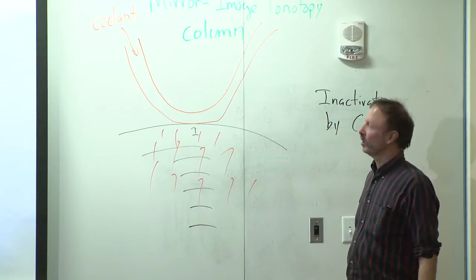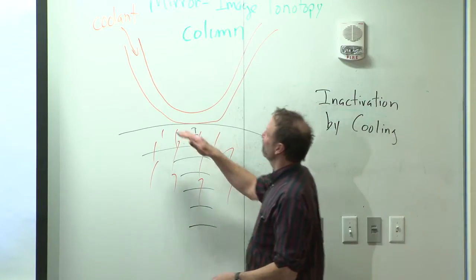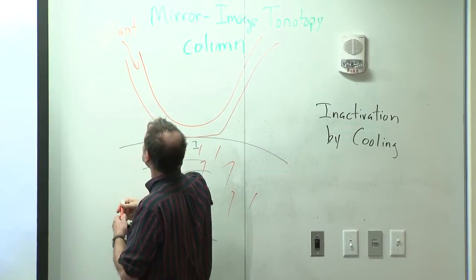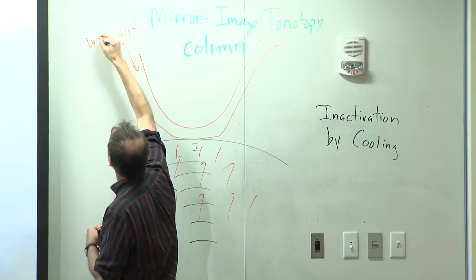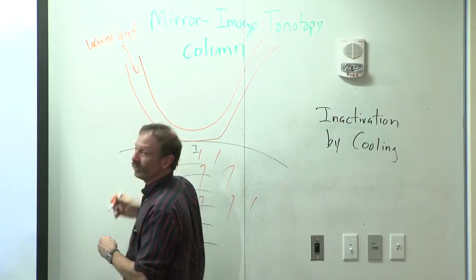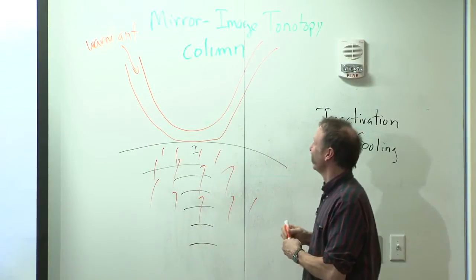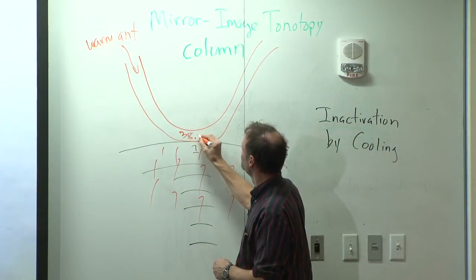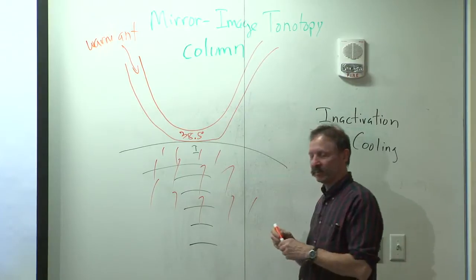What's elegant about the cooling experiments is that you can reverse them. I don't know if this is a word, but instead of coolant, you can use a warmant and restore this to body temperature. The responses come back.